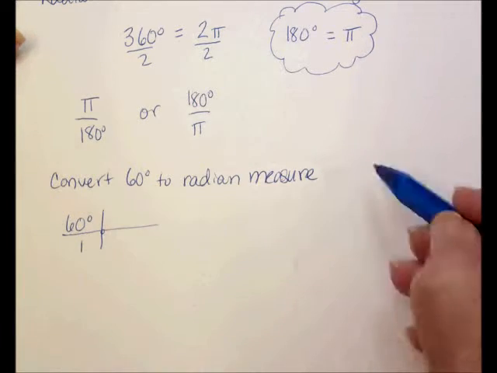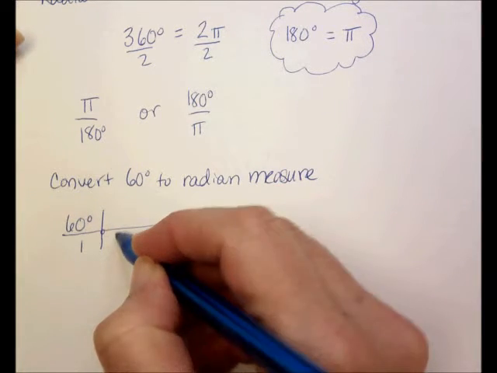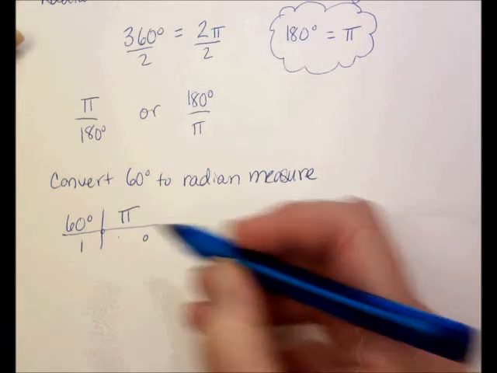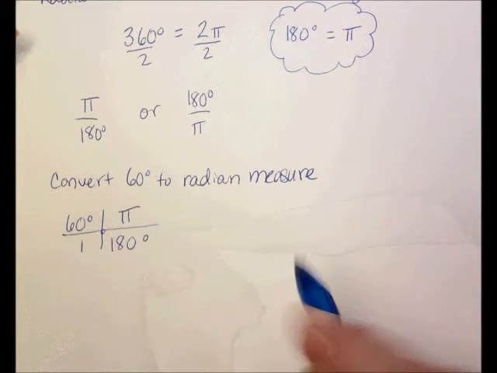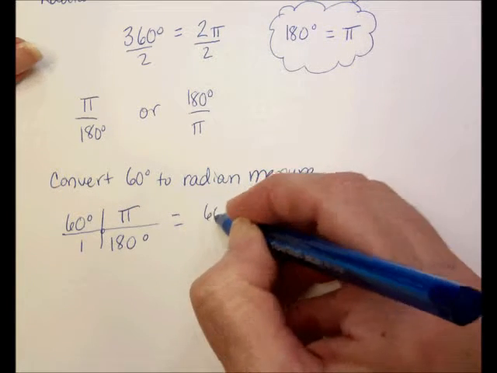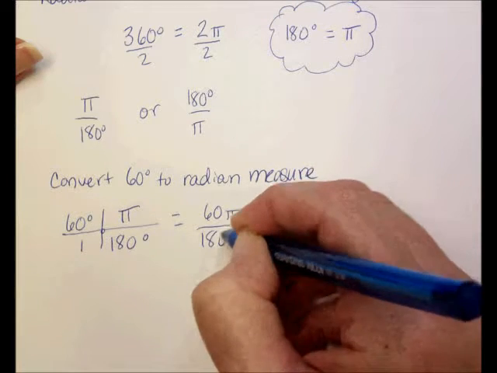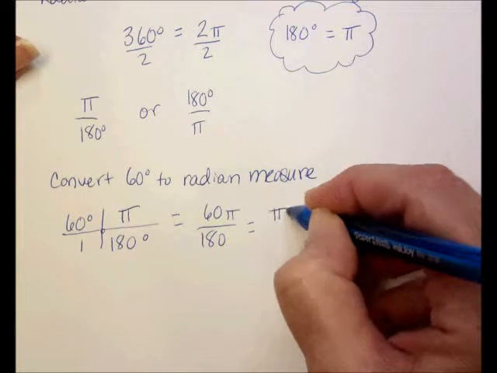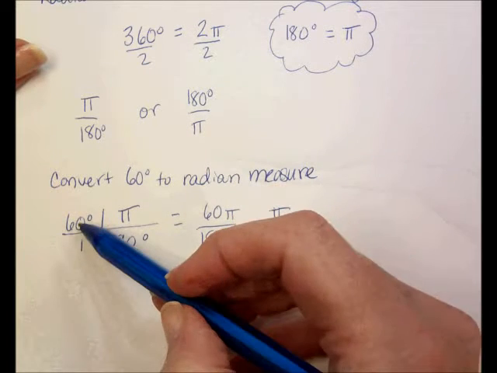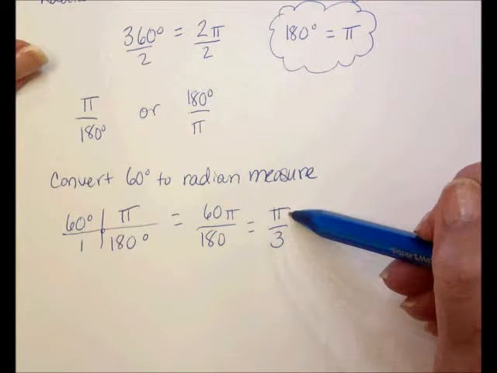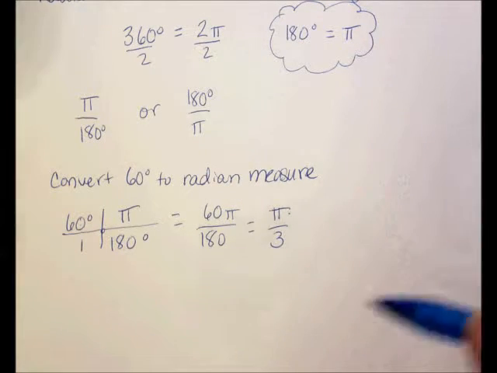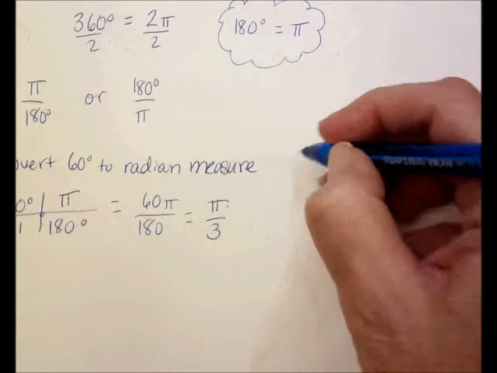And so in this case, I'm going to put degrees in my denominator and pi in my numerator. And so 180 goes with degrees and pi in the numerator. And then you will see it would be 60 pi over 180, which simplifies to pi over 3. So if I was talking about the same 60-degree angle in radians, I would say the angle of pi over 3 radians.